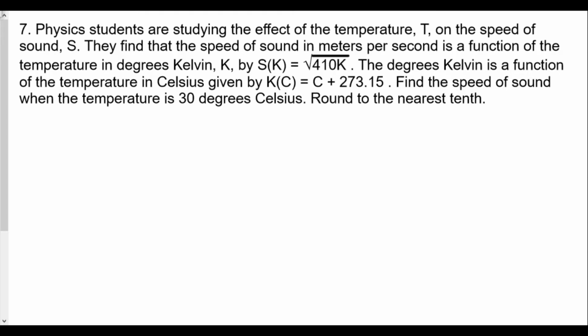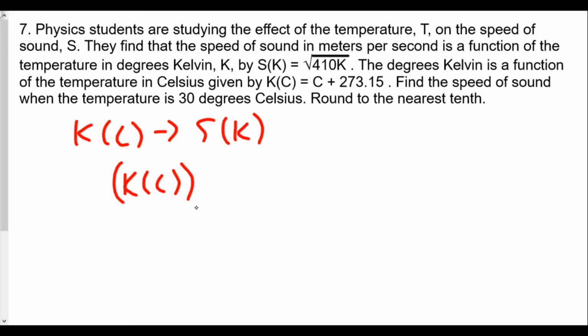So we're going to find K of C, and that result will go into S of K. As a composition of functions, the inside function is K of C, and then the outside function will be S. Our C value is going to be 30 degrees. It will be very similar to how we set up before.